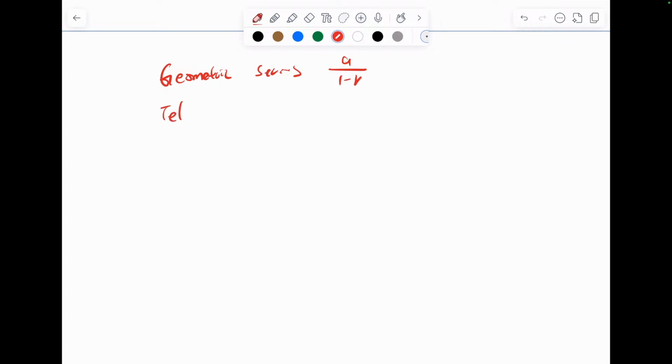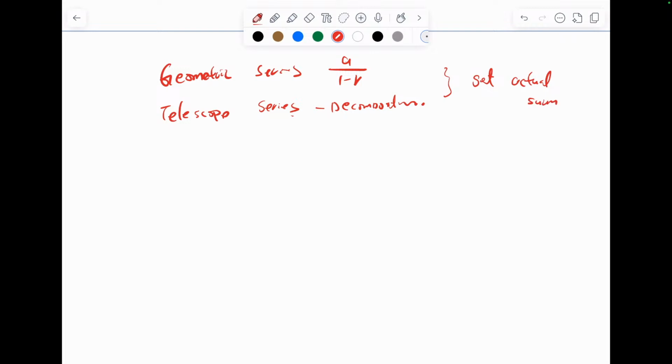We learned the telescoping series, which usually deals with decomposition, right? With this one too, you can actually get the actual sum.